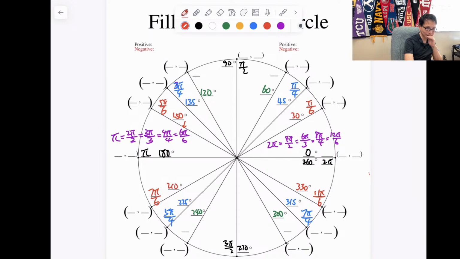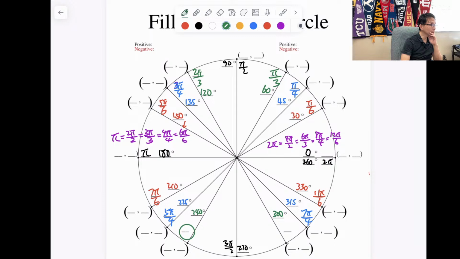Now let's go with another one. Last part. This one is going to be 60 degrees. Maya? Pi over 3, right? So what will be here? Oh, sorry, that's in green. Green. Pi over 3. Leah, what will be here? 2 pi over 3. And what will be here?